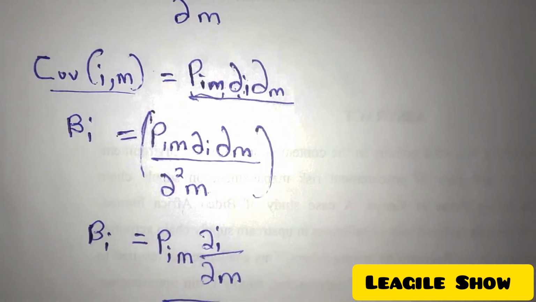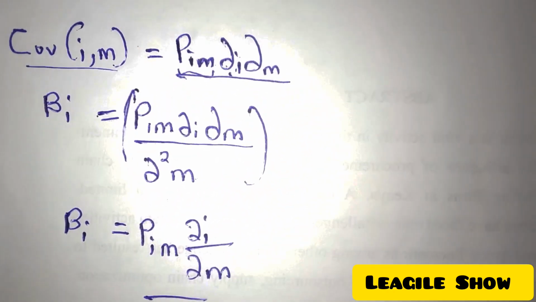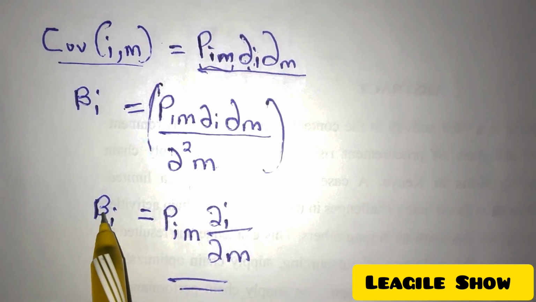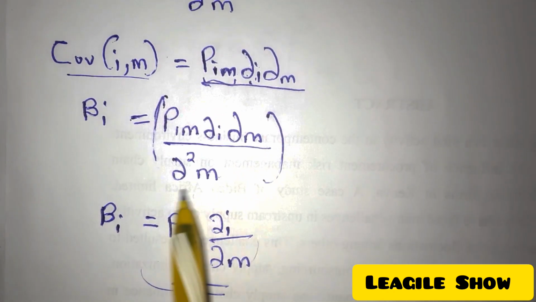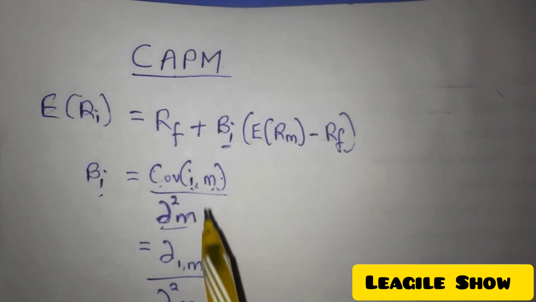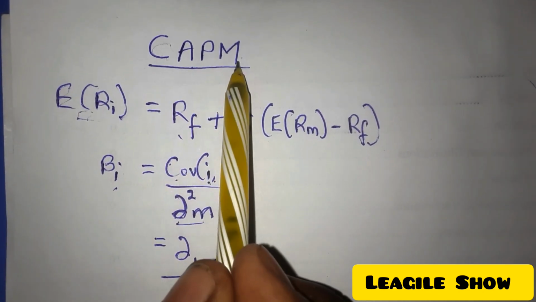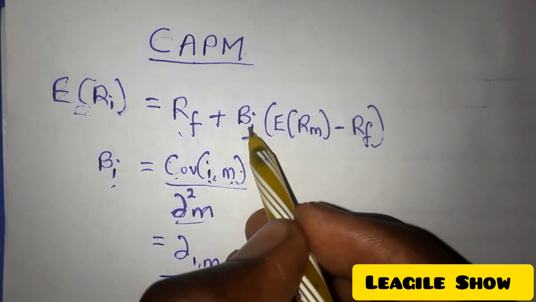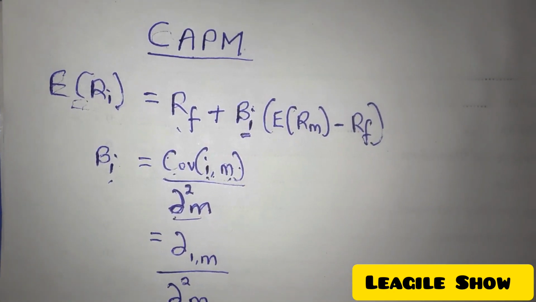This is the formula which we'll be using in most cases to calculate the value of beta of a security. So after getting this, you can easily come back to the formula and calculate your expected return based on the CAPM model. That will help you to find the value of beta in this case.